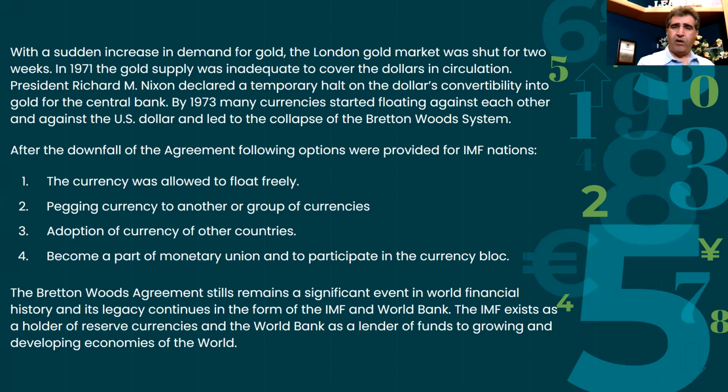After the downfall, this is what happened with the options: the currency was allowed to float freely, or currencies were pegged to another group of currencies, or a country adopted the currency of another country, or became part of a monetary union to participate in a currency bloc. This is what the IMF suggested after the downfall of the agreement.